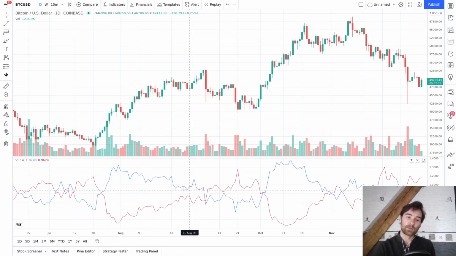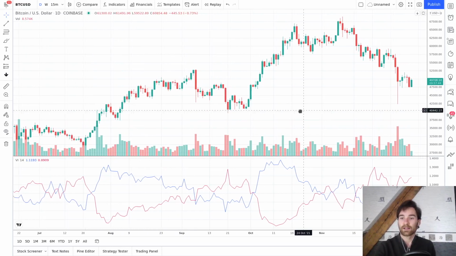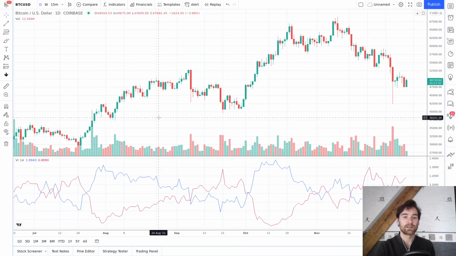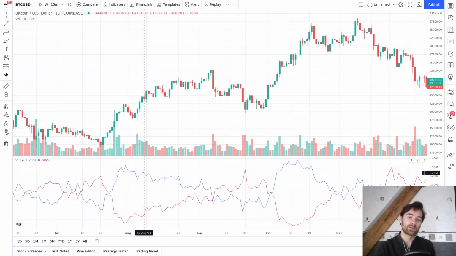When the positive trend is higher than the negative trend, so when VI plus is above VI minus, we are in the uptrend. The trend is up like here. On the contrary, when VI minus is above VI plus, it's a downtrend. So that's the Vortex. It shows the trend with the two positive and negative trends.